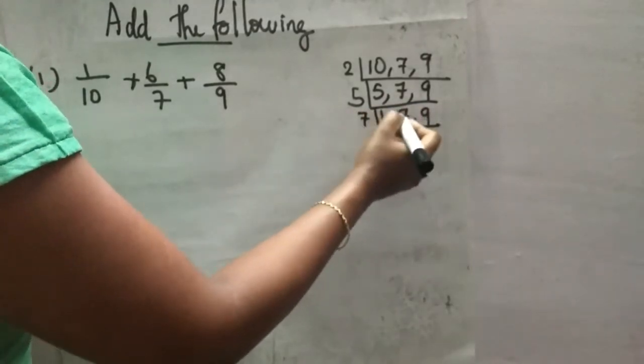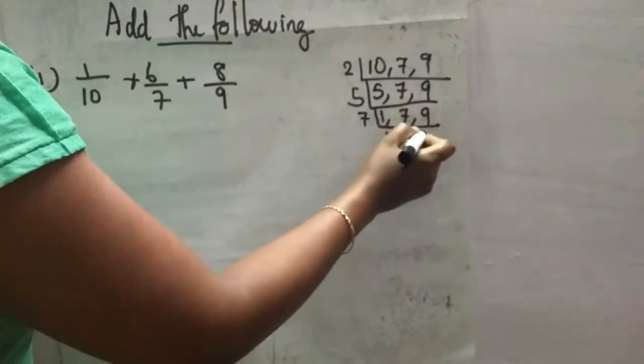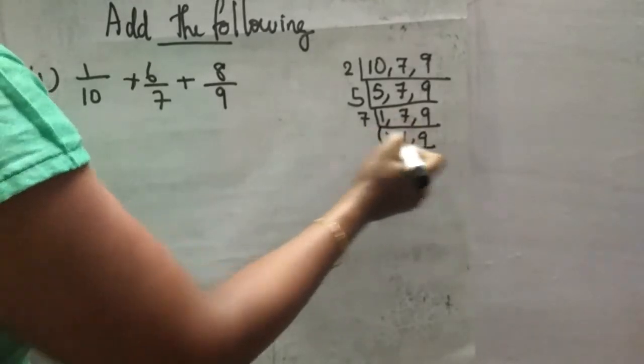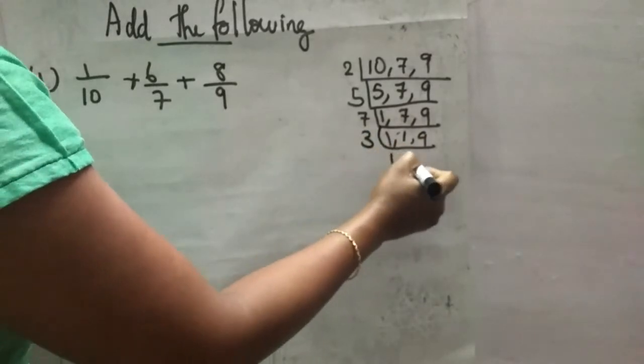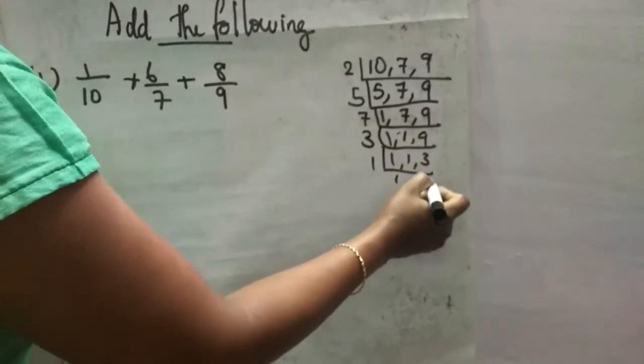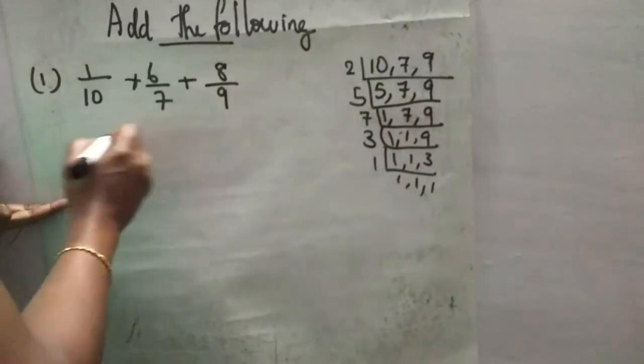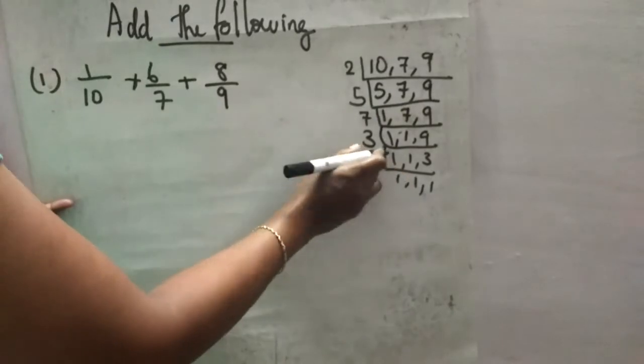Next is 7, 1 and 9, write the same. Here 3 times 1, 1, 1. Okay. So, we get the LCM. Then, sorry, here it is 3.